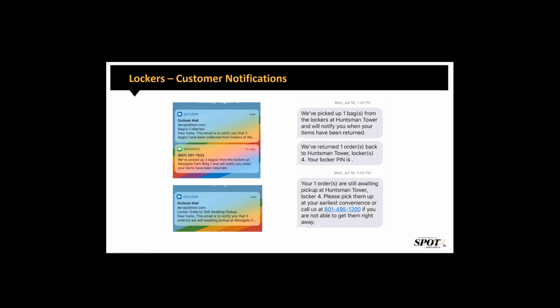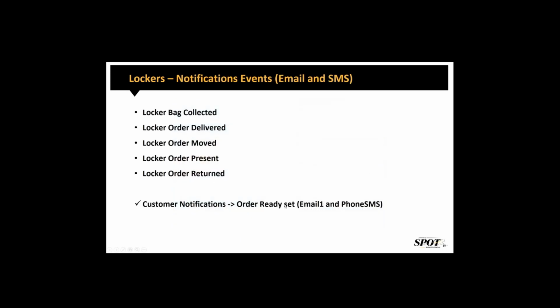So there's basically different kinds that you can configure, and you can do it for both SMS or email depending on your predilection. And here's the different kinds. So we have locker bag collected, locker order delivered, locker order moved, locker order present, and locker order return. Obviously, the first one is just us picking up a bag that the customer dropped off. Number 2 is us coming back and delivering the order to a locker.